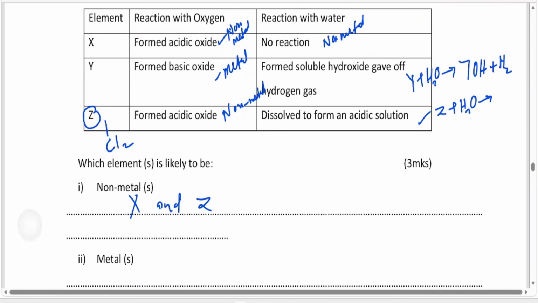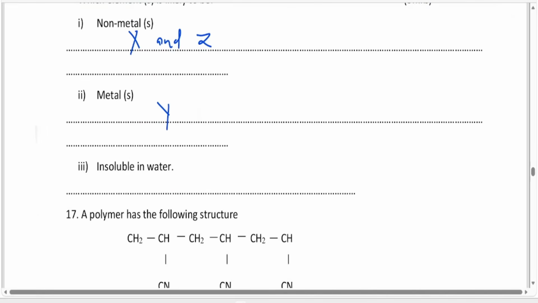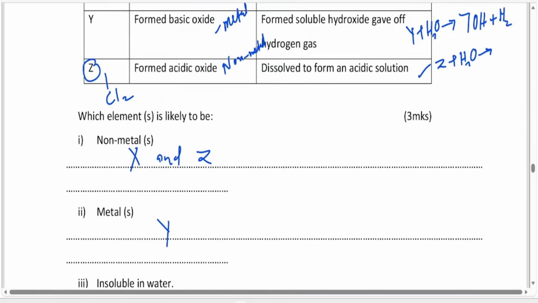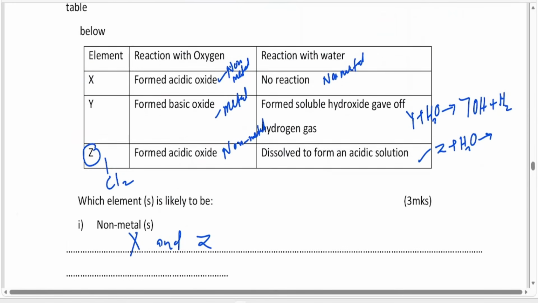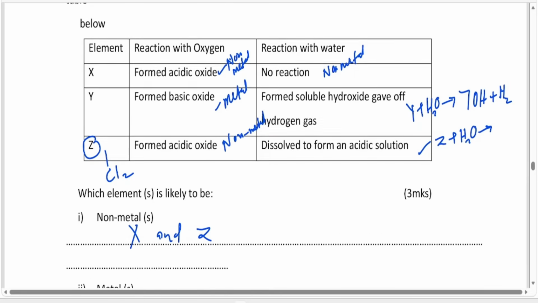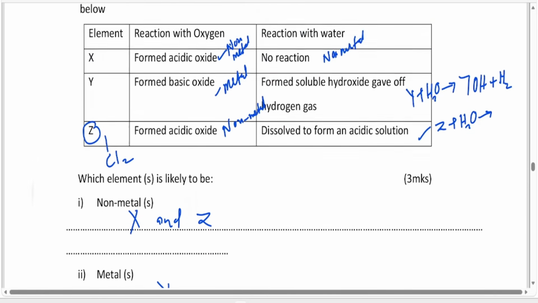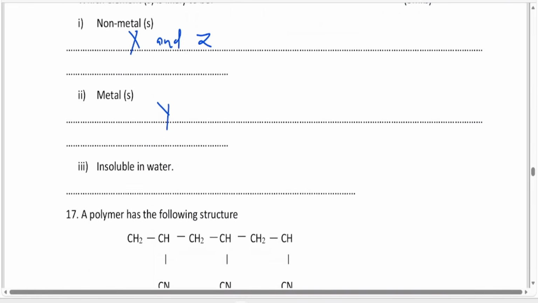We have seen Y forming a basic oxide, so it is Y. Which one is likely to be insoluble in water? We have seen that for X there is no reaction. If there is no reaction, automatically it is not soluble in water, and therefore it is X.